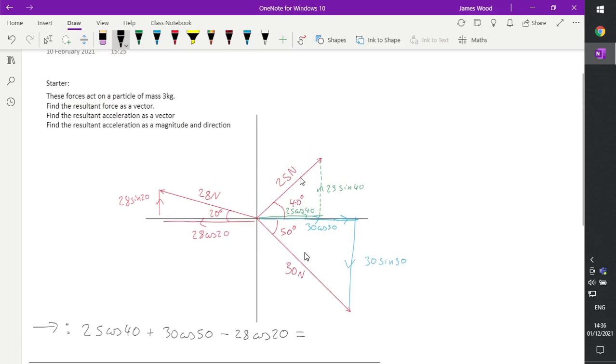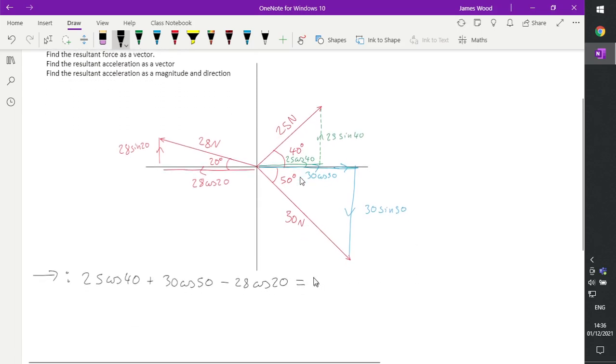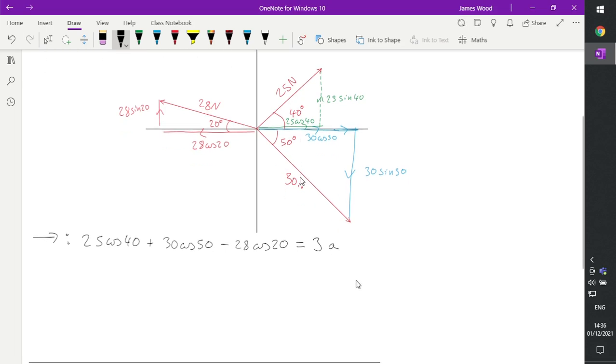The mass of the particle was 3, and then times a. So 25 cos 40 plus 30 cos 50 subtract 28 cos 20. So the net force is 12.12. I'm just going to divide that by 3. So I get a equals 4.04 meters per second squared to the right.